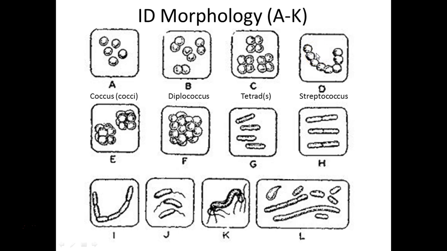Remember strep throat. A packet of 8 in a cube: sarcina. This C sounds like an S because of the I.